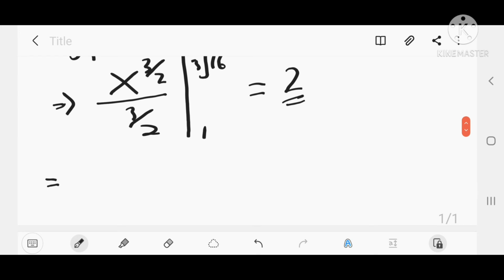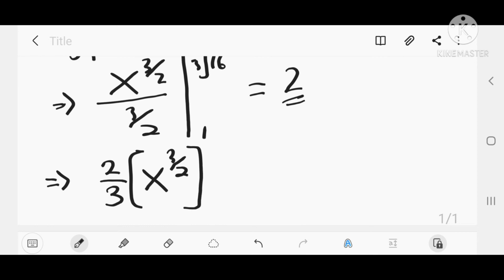Simplifying this term, we have 2 on 3 times x exponent 3 on 2, still from 1 to the cube root of 16, and we must get 2.